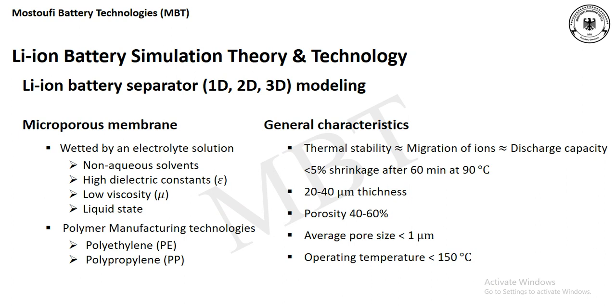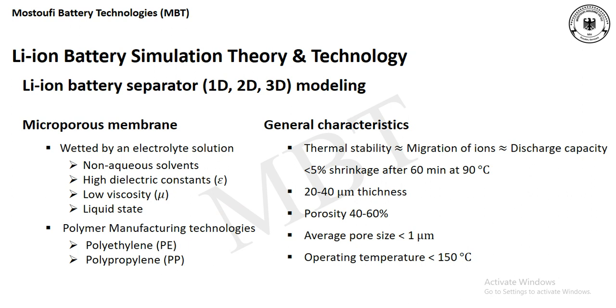Among different types of separator, the microporous membrane is the most common in the industry level, which uses wetted electrolyte solution, which should have different properties like non-aqueous solvent, high dielectric constant, and a low viscosity value, and be in a liquid state.